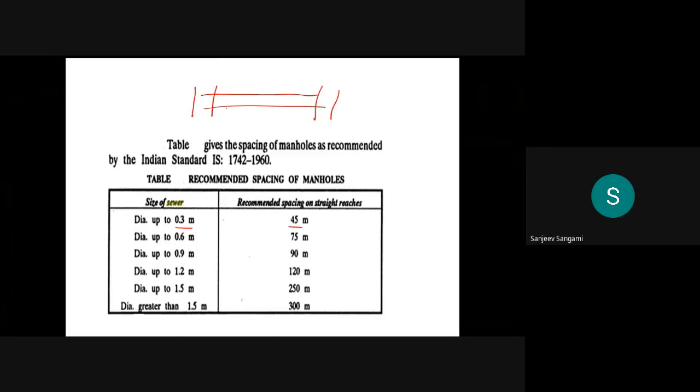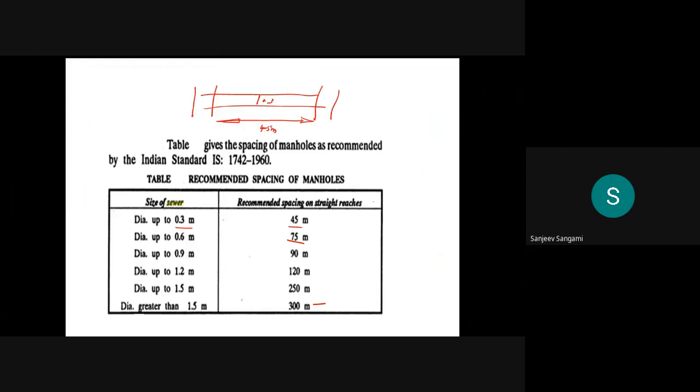If the sewer dia is 0.3 meters, the distance between these two positions should be 45 meters. If the dia is up to 0.6 meters, then you can go with 75 meters. If the dia is greater than 3, you have to go ahead with 300 meters.